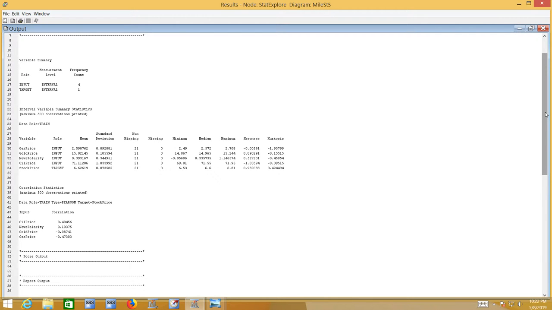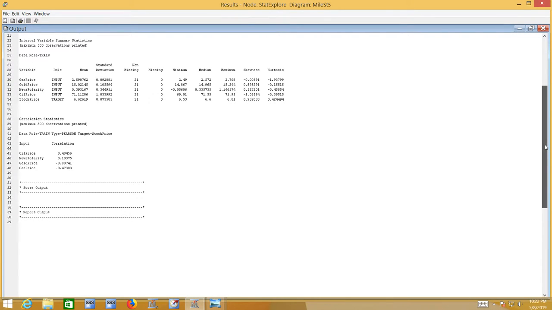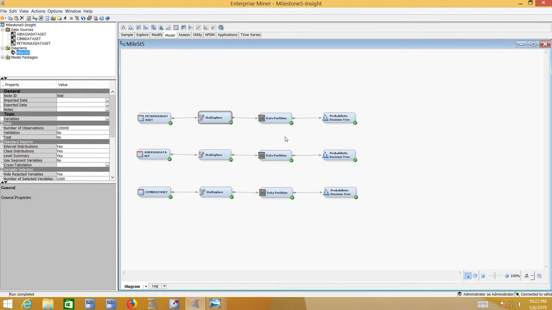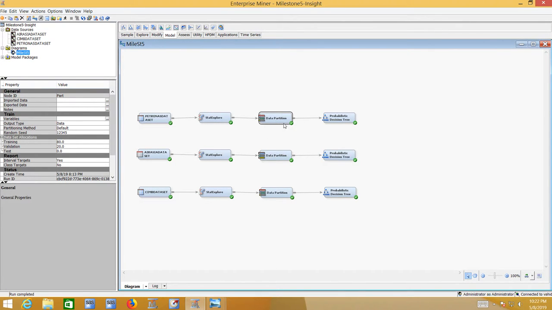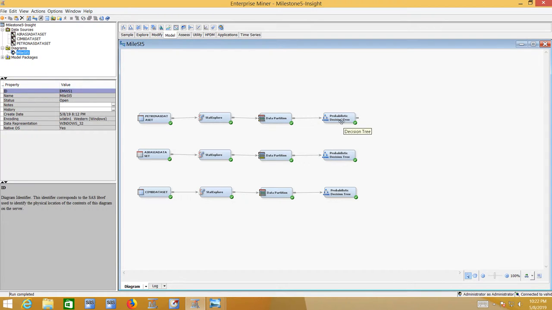This is the descriptive part of the data which I prefer to skip. For data partitioning, I selected 80% of the data as training and 20% as validation data.